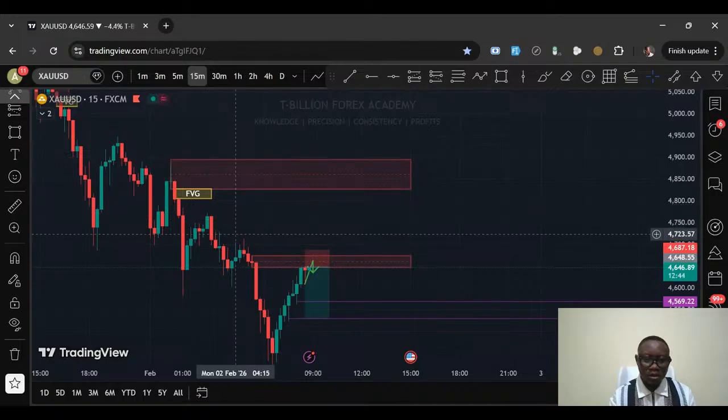We have a zone here. The FVG is very little.